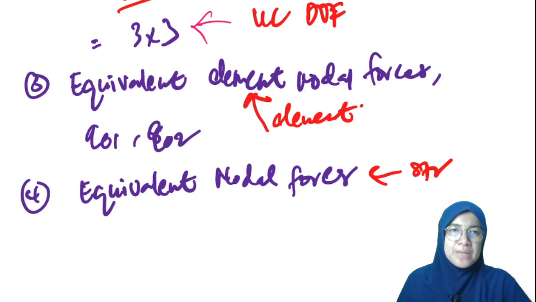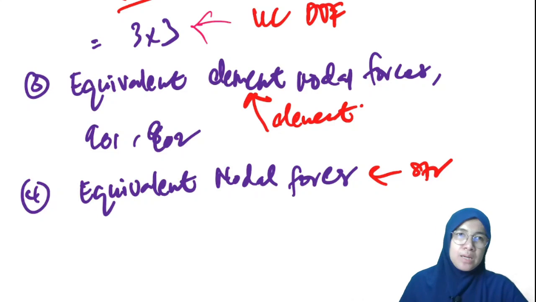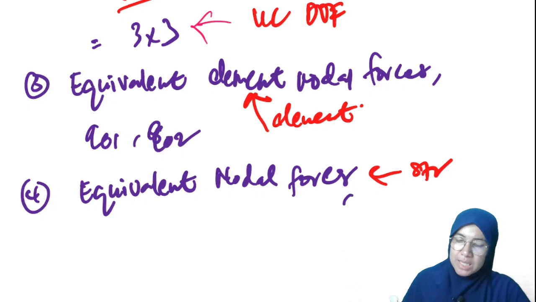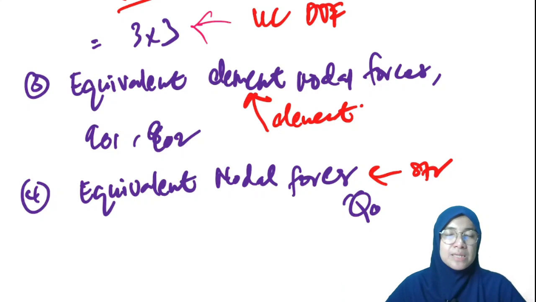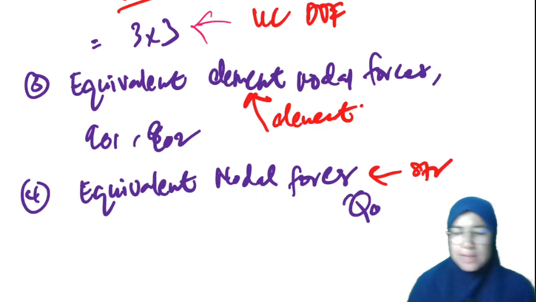Equivalent element means the value for each element, and we use that value to produce equivalent nodal forces, and the symbol of this one is capital Q naught. We put the naught to differentiate between Q nodal forces and this Q naught, equivalent nodal forces. Is it okay until now?